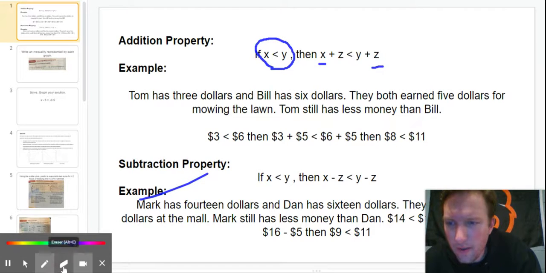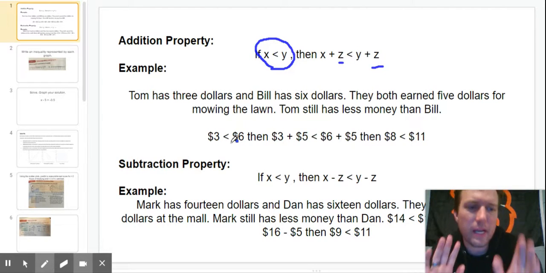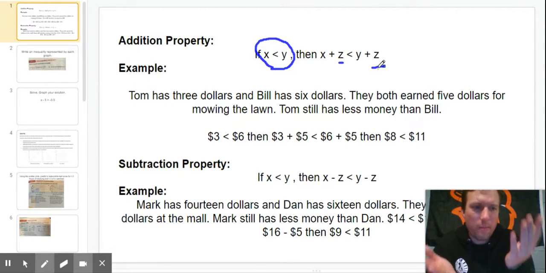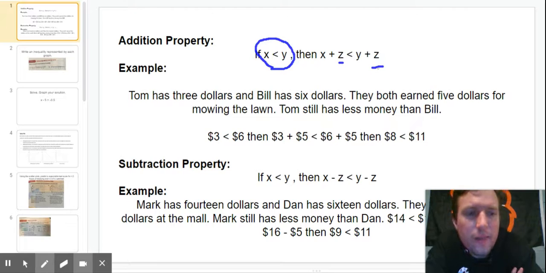Oops, sorry, I underlined different values here. So if I add a z to each side, it's going to keep the inequality the same. It's still x is less than y. Okay, we're adding the same value to either side, but our balance or our scale is still tipped in one direction.